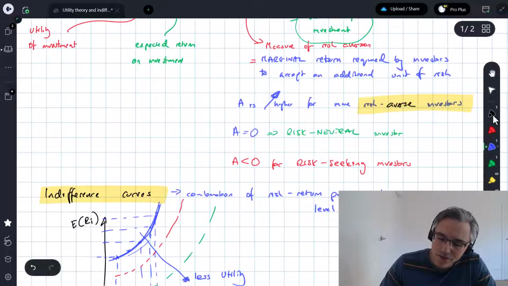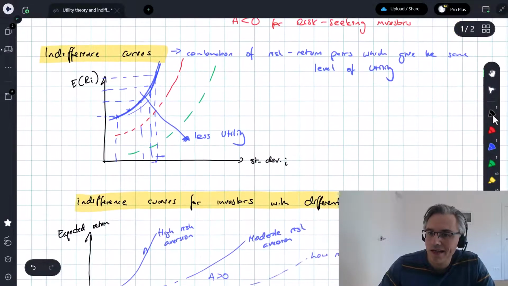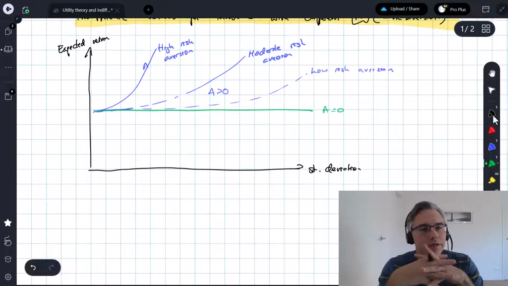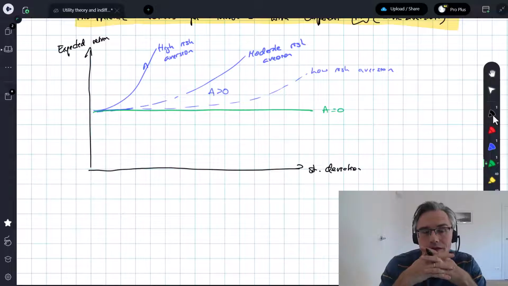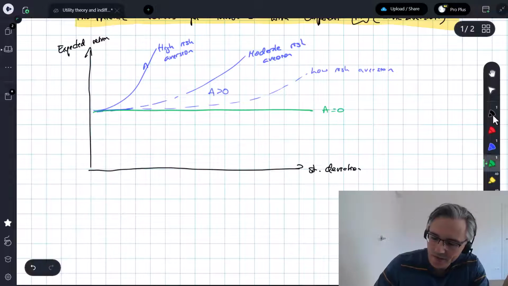If somebody has a risk aversion parameter of zero, it means they're risk neutral, so they're indifferent to risk. And you may remember that we said in the previous video that a risk neutral investor is somebody for whom the only concern is actually expected return. Risk is completely irrelevant or neutral, as the name suggests. So this is risk neutral.